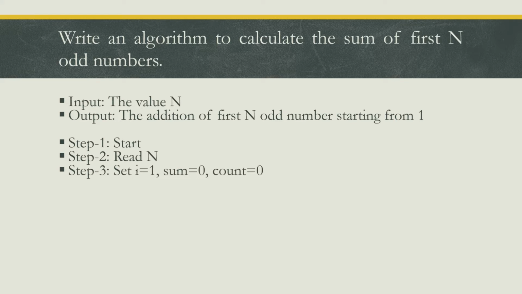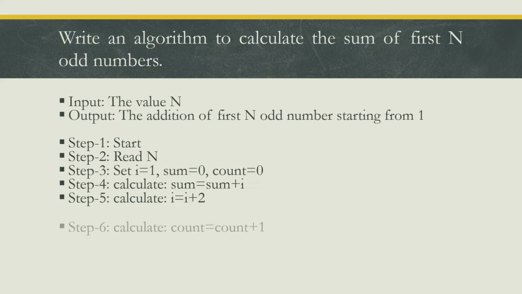Step 3: take three variables I, sum and count. I is initialized to 1, sum to 0, count to 0. Step 4: calculate sum is equal to sum plus I. Step 5: I is equal to I plus 2. Step 6: count is equal to count plus 1.